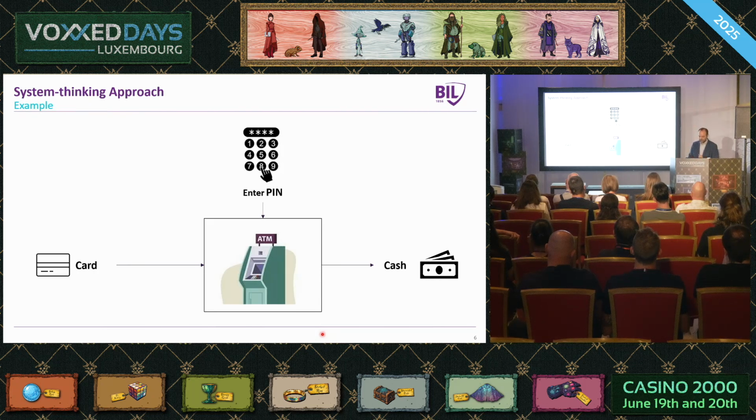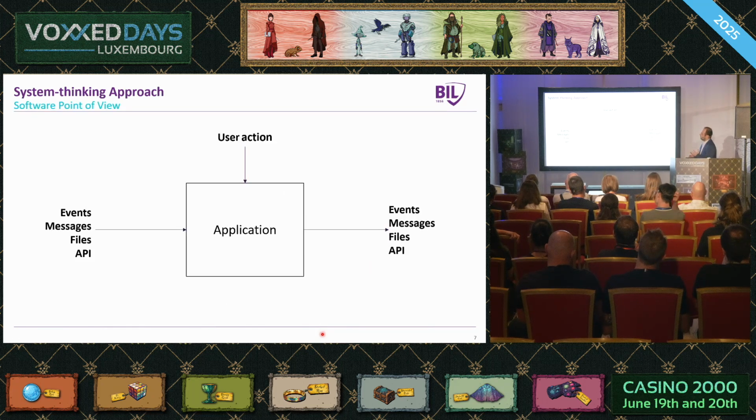It's the same for software, but with a trick: the input is multiple. It could be events, messages, files, or API calls. There is always the user action, and the output could also be events, messages, files, or API calls. So based on that, can we mix the two concepts to see how they can match?